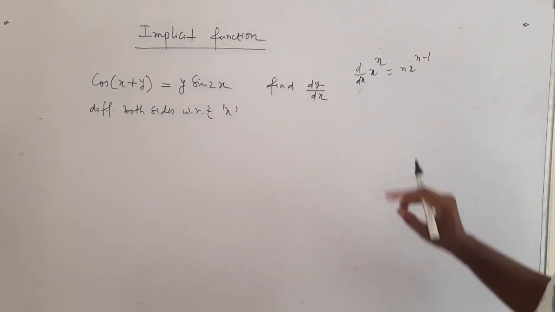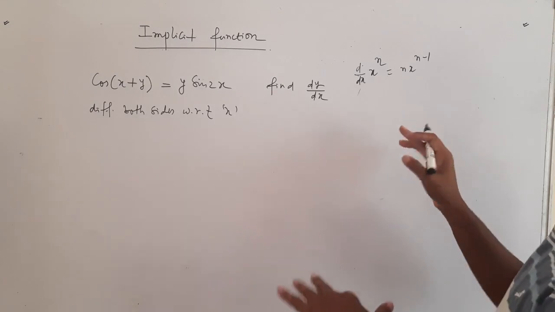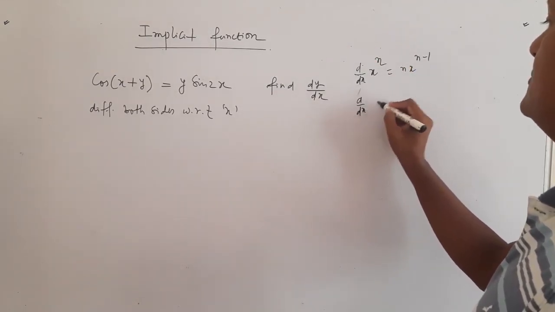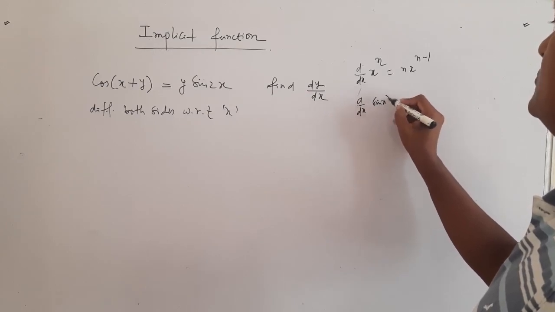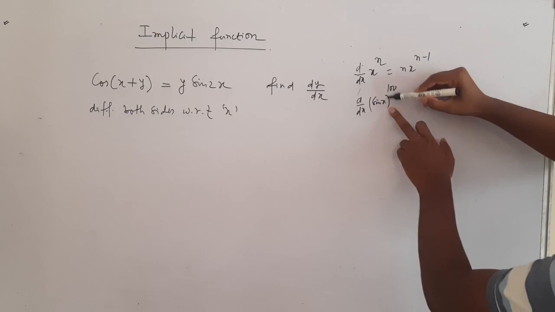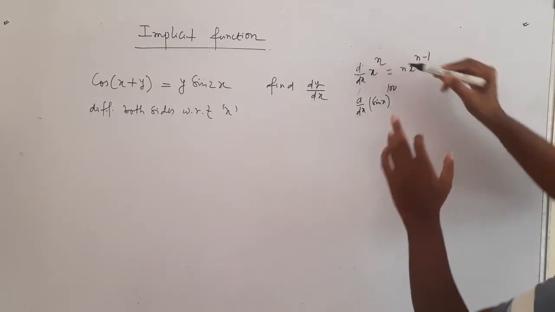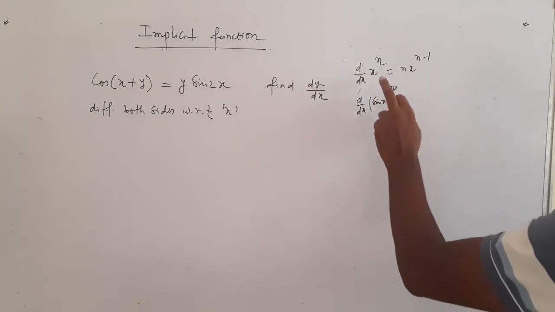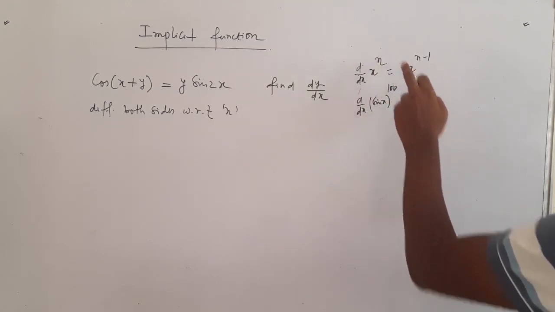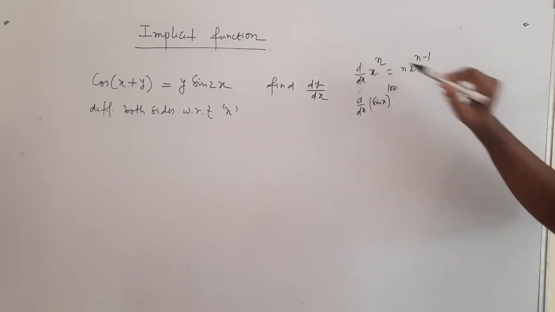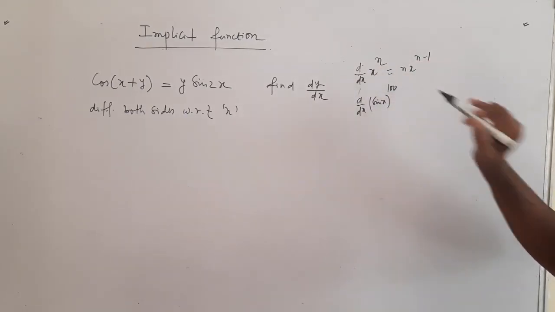Now you might have something like d by dx of (sin x) to the power 100. This resembles the same form, because what is x? A variable. What is n? A constant. So this is variable to the power constant.